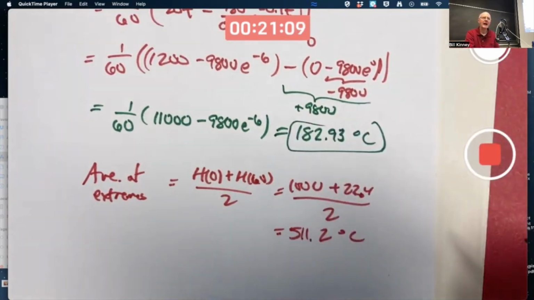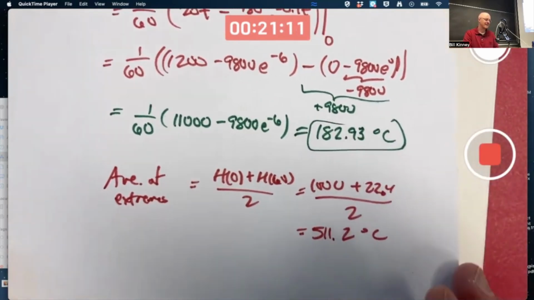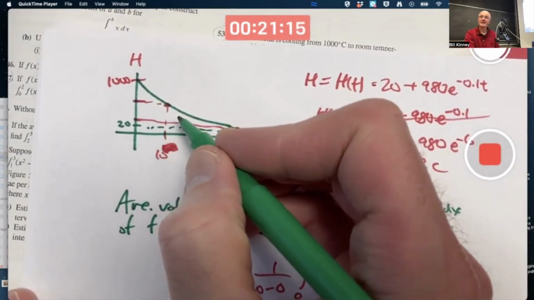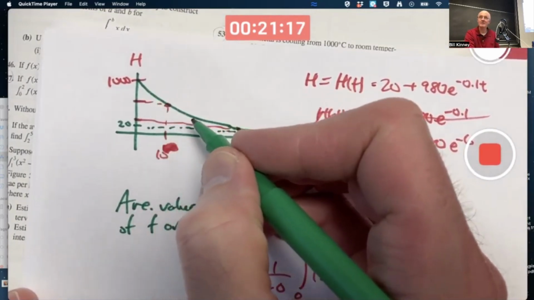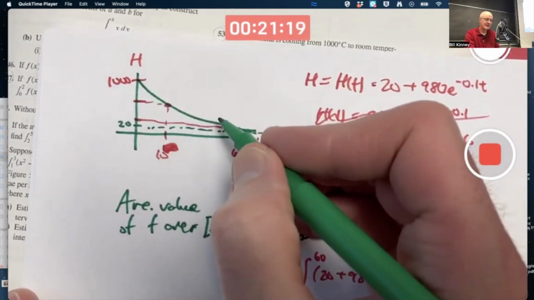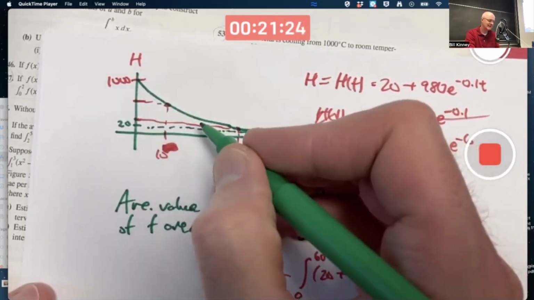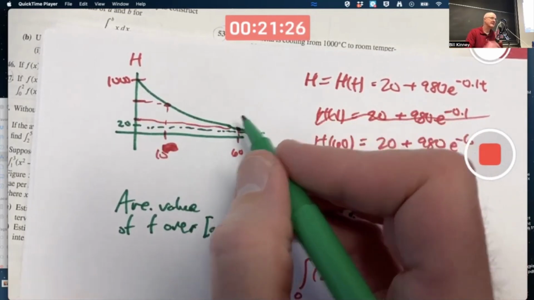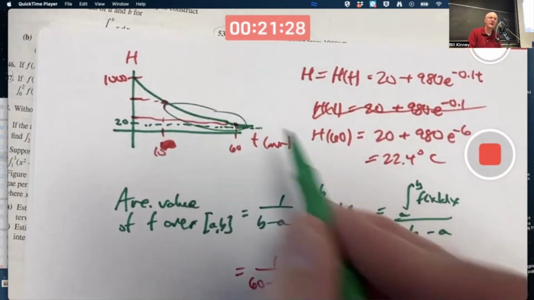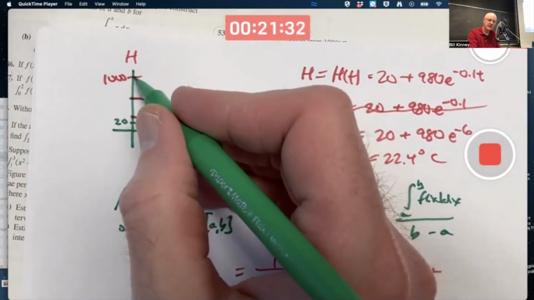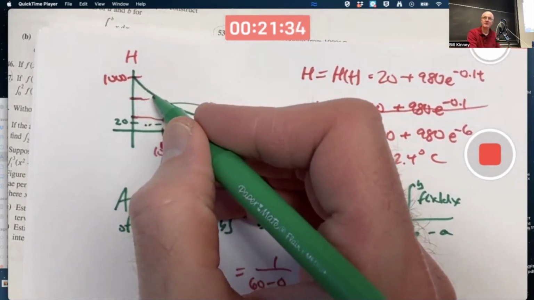Why? Think about it graphically. It's related to the fact that this graph is concave up. This graph here is concave up. Because of that, it spends most of its time, so to speak, in the lower regions where the temperature is relatively low. The temperature decreases pretty rapidly at first.